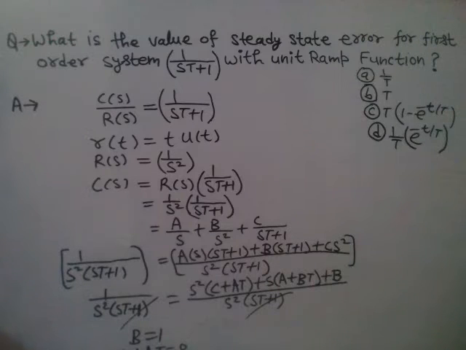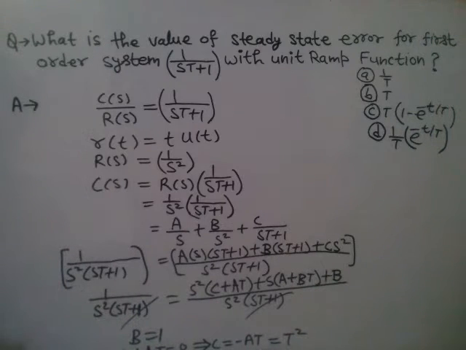So here you can write A is equal to minus B into T. B is 1, so A is basically minus T. From here you can calculate the coefficient C: C is equal to minus AT. A is minus T, so minus of minus T becomes T square.